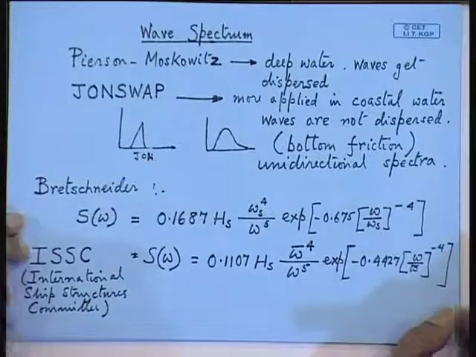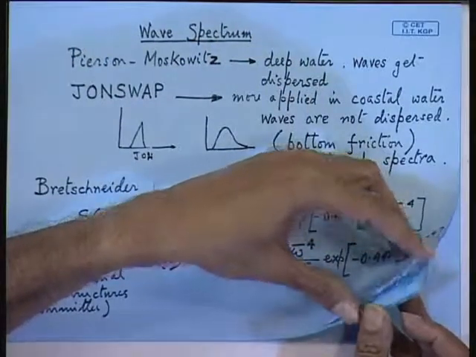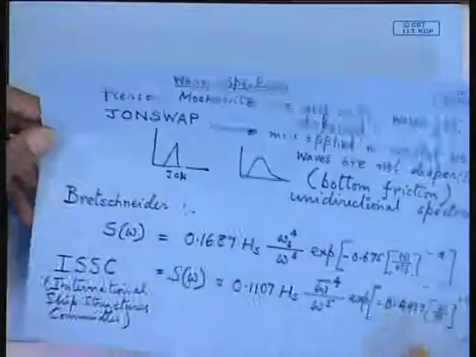So these are the 4 spectra with which oceanographers normally come across, but other countries, especially Japan, make their own spectra for design.